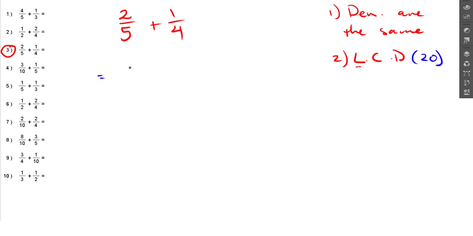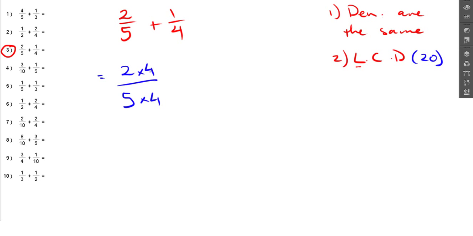So to convert 2/5 to a denominator of 20, we need to multiply 5 by 4. Yeah, because 5 times 4 gets us to 20. And what we do to the bottom, we do to the top. So you have 2/5 here, and we're multiplying by 4/4.